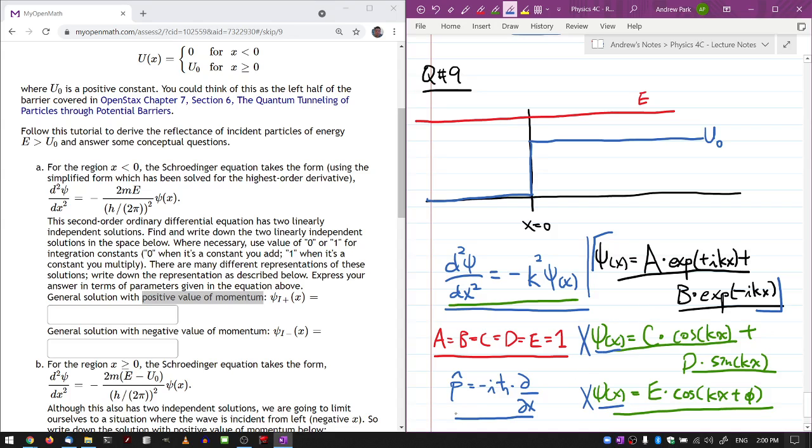So when you imagine taking the value of momentum out of these solutions, you'll find that this is the positive momentum and this gives you the negative momentum.